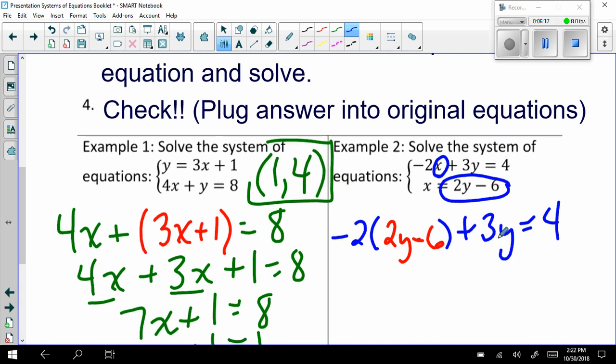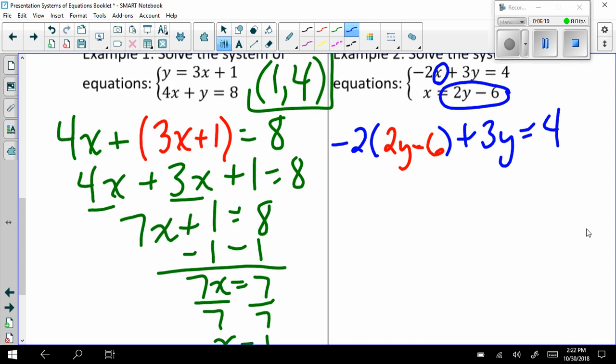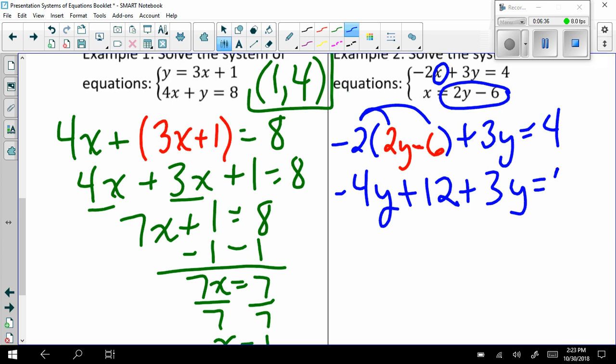Plus 3y equals 4. Now again, I have an equation with one variable. I can solve that. So I need to start by distributing. Negative 2 times 2y is negative 4y. Negative 2 times negative 6 is a positive 12. Plus 3y equals 4. And combining my like terms, a negative 4 and a positive 3, signs are different, so I subtract and keep the sign of the larger.